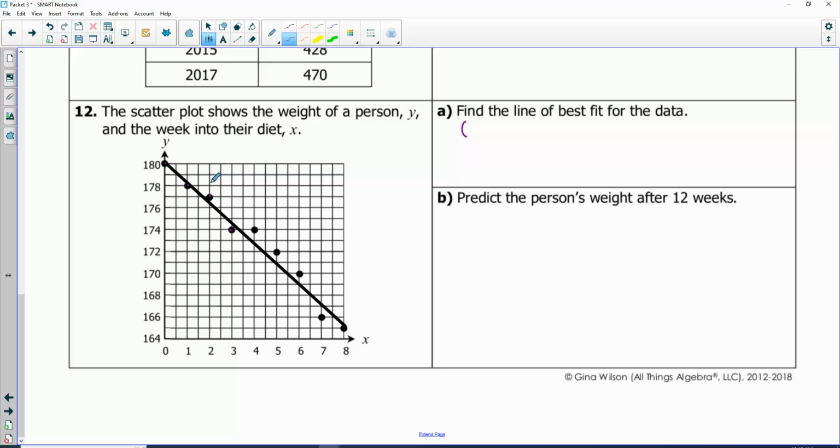So if I'm looking, I just need 2 points on this line, so I might take the point 1, comma 178, and maybe this one, 8, comma 165. And you can get your equation from that. So y2 minus y1 over x2 minus x1, just like we were doing on the front side.